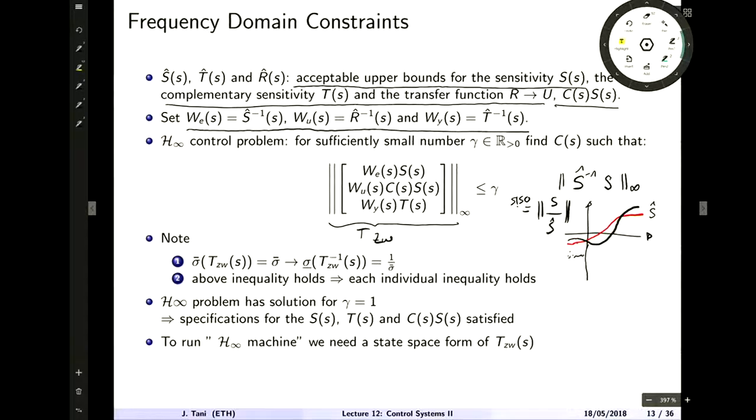No, because S is bigger than S hat, so the ratio is bigger than 1, so we're not happy. Here, the ratio is smaller than 1, and then again bigger than 1. And this is exactly the principle. So we put these bounds in here, and then we know that we have this relation. And so if the H-infinity problem has a solution for gamma equals 1, it means that the specifications for all the transfer functions are satisfied.